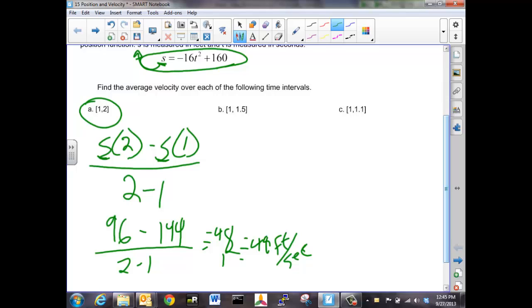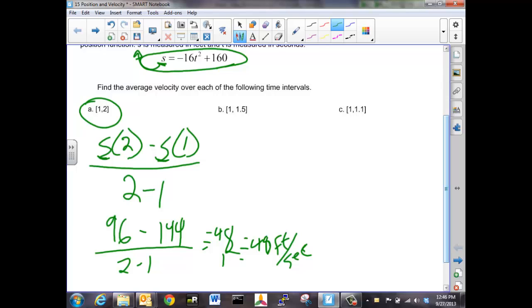Now, do you expect to get the same answer, negative 48, when you do 1 to 1.5? So let's try it and see what happens, okay? Do 1 to 1.5. You just plug into negative 16t squared plus 160 for the S's.